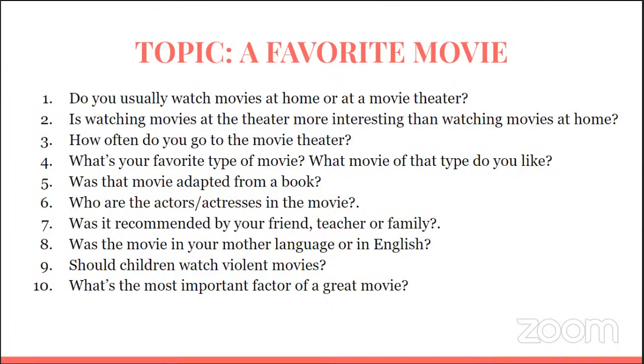What does it mean impresionante? Impressive. Yeah, impressive and traumatic, because these movies are not for the children, and that's it, I think.